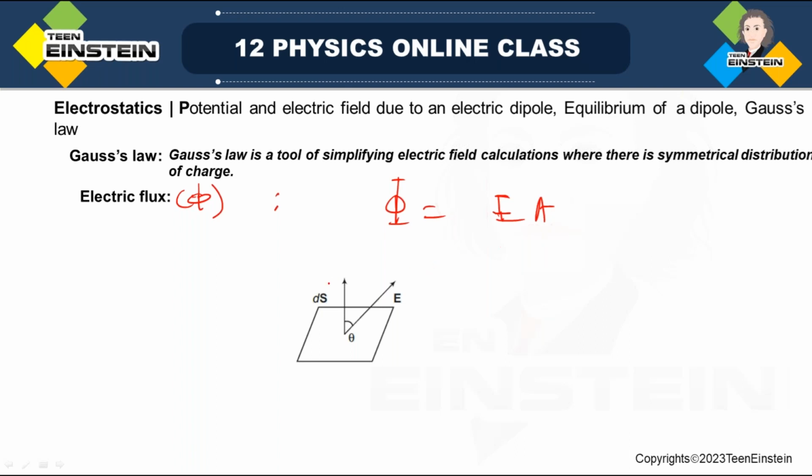Here the area is dS, so in general I can write E dot dS, a surface integral. That has to be calculated first. So flux is this one, if you want to calculate the total flux.